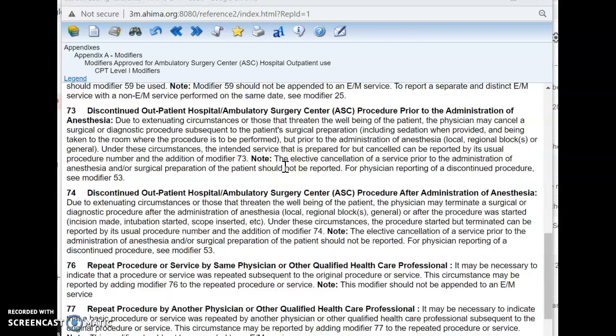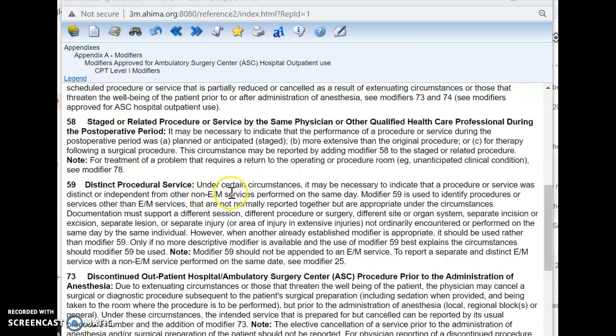So let's go ahead and look at that. Distinct procedural services. Under certain circumstances, it may be necessary to indicate that a procedural service was distinct or independent from other E&M services performed on the same day. So modifier 59 is used to identify procedures or services other than E&M services that are not normally reported together. Okay, here's the deal.